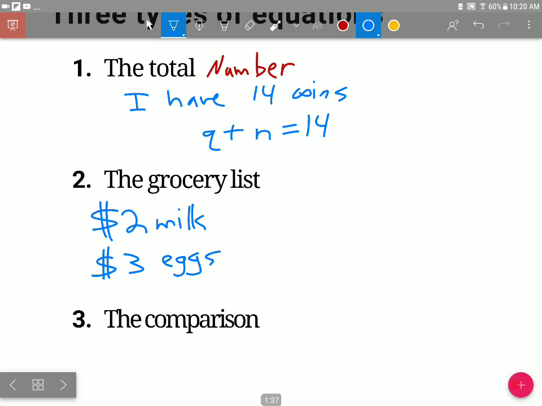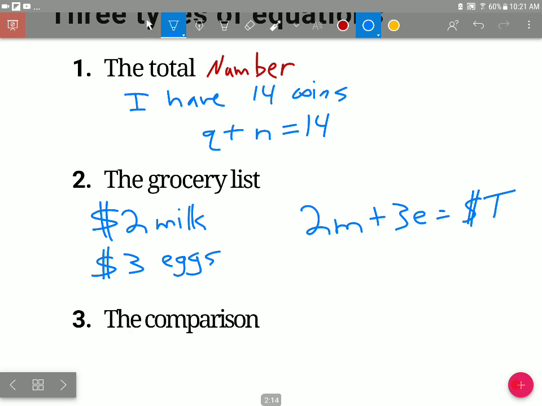So the equation for that would be 2 times the number of milks that you bought plus 3 times the number of eggs that you bought. Whatever the total price is, let's say you paid $15, $10, $20, whatever it was, that would equal your total price. So it's another type of total, but it's a monetary total. It's a money total. Cool?